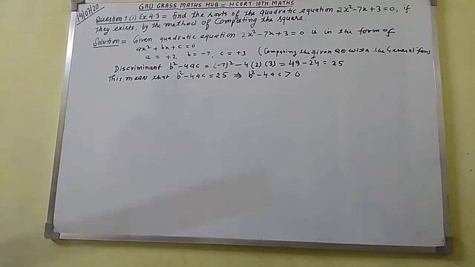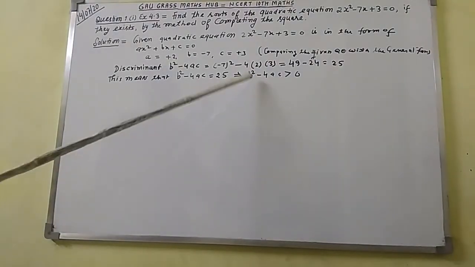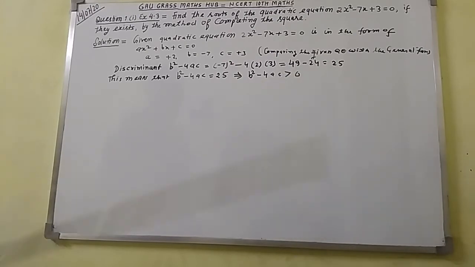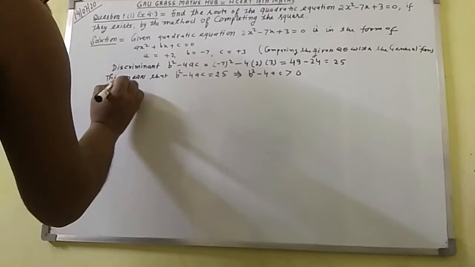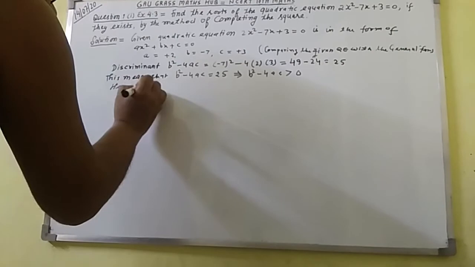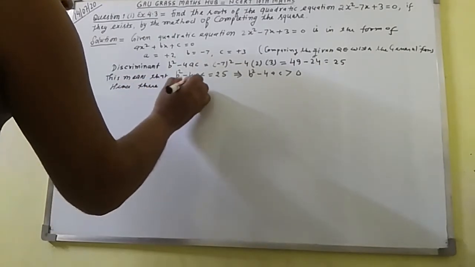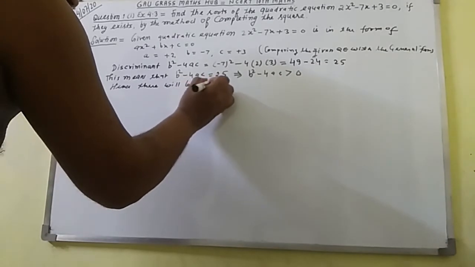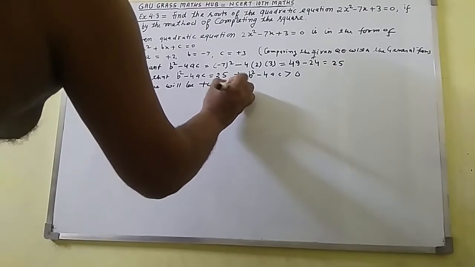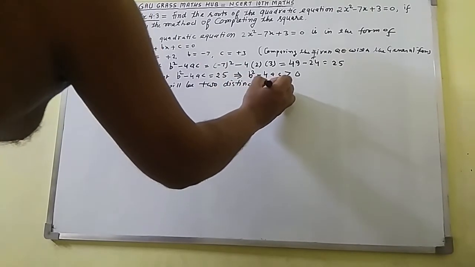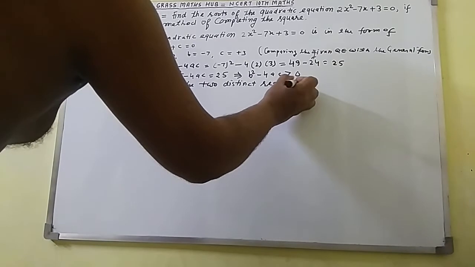In this case, if the condition is there, discriminant b square minus 4ac greater than 0, hence there will be two distinct real roots.